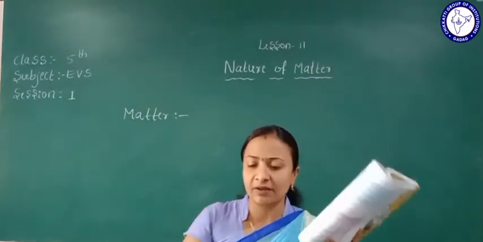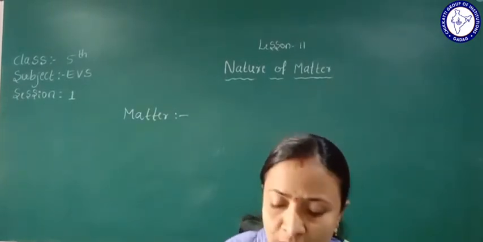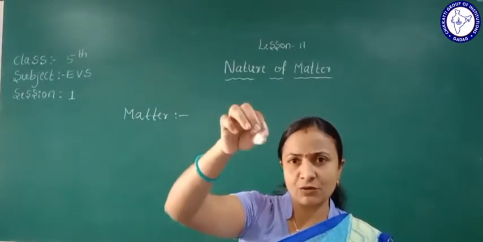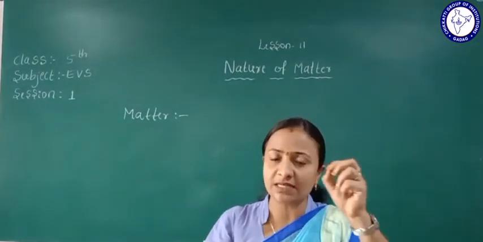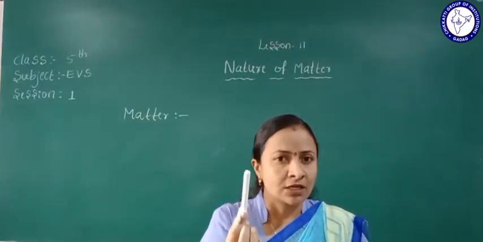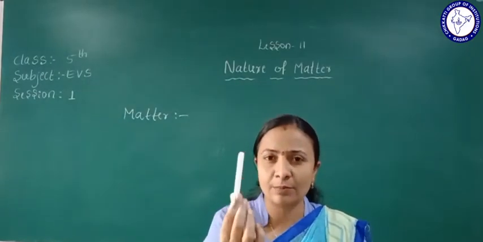Here see students, I showed you these small particles, pieces of chalk. Each and every particle is made up of chalk. So the pieces of chalk powder help to make up a full chalk.